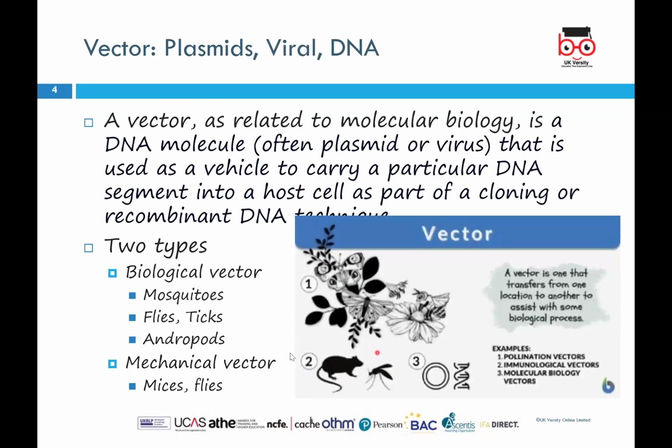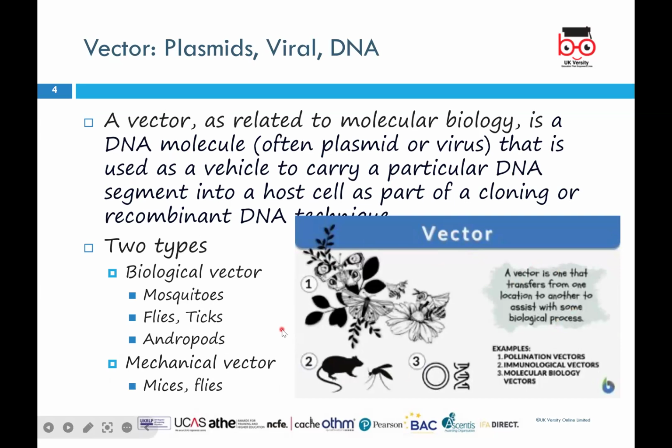So a vector, in molecular biology, is a DNA molecule used as a vehicle to carry a particular DNA segment into the host cell as part of a cloning or recombinant DNA technique. So a vector is one that transfers from one location to another to assist some biological process.